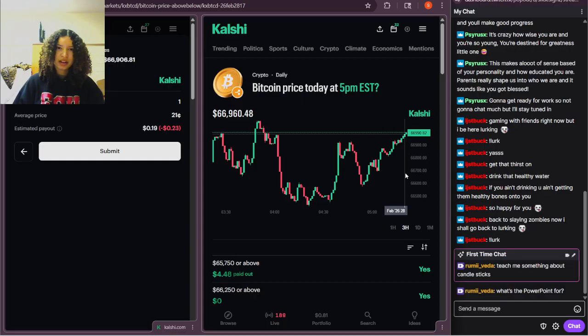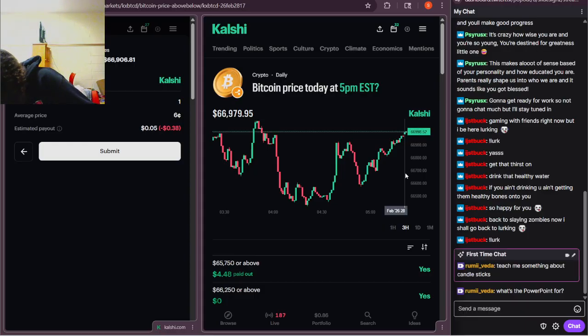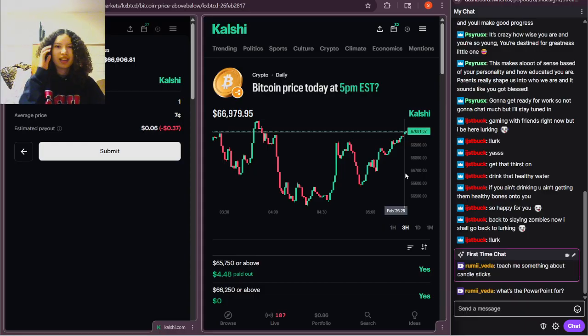There's a lot of screenshots and a lot of notes of what I did wrong, so just for me to learn from, pretty much. Fortunately, it was not cooking on this trade.